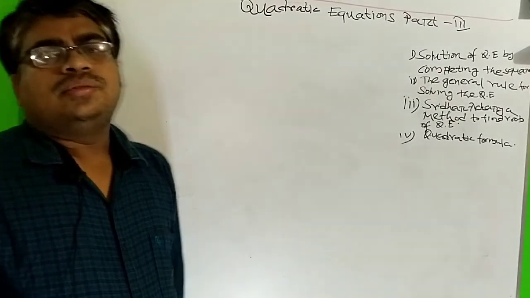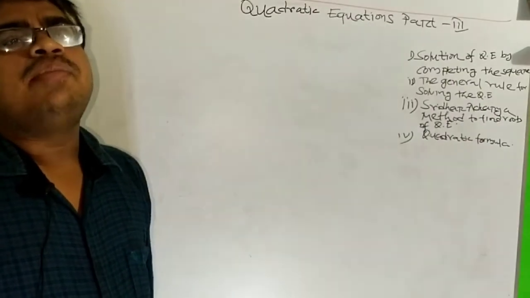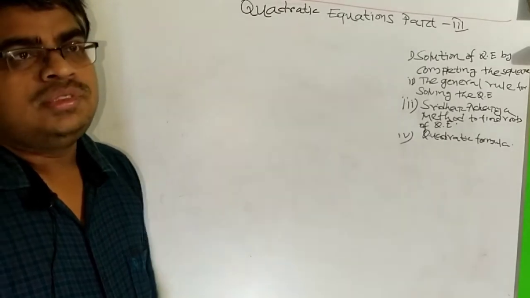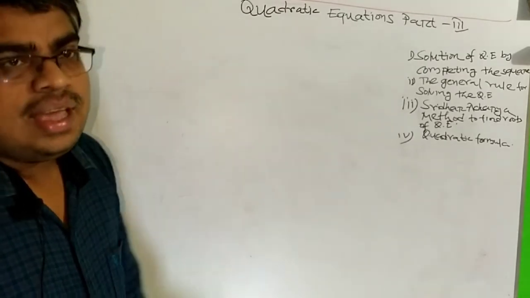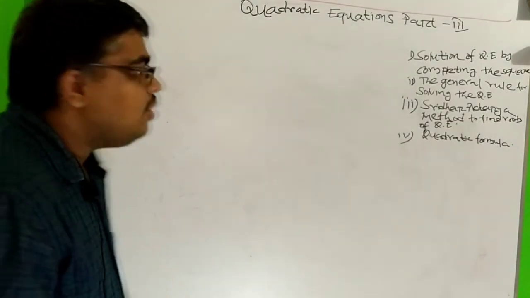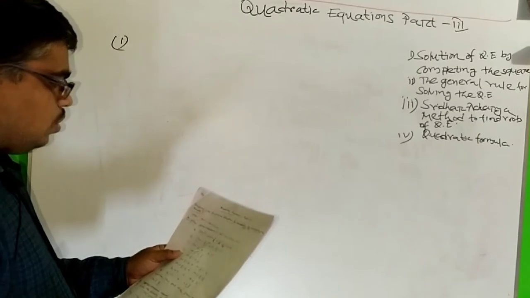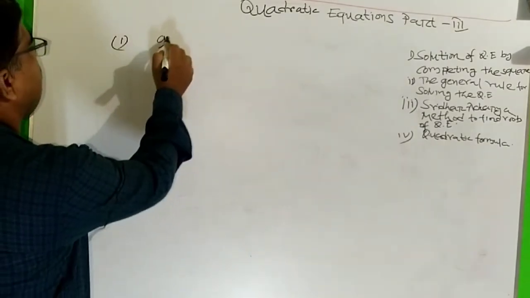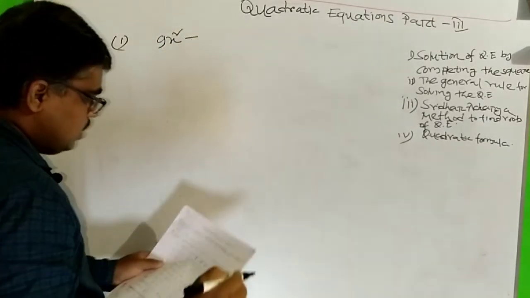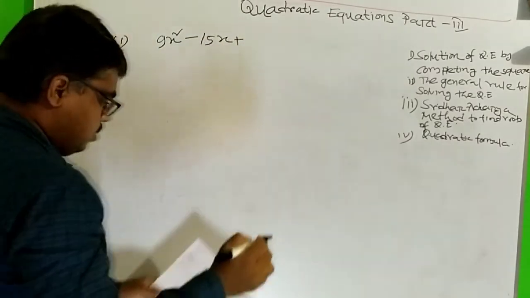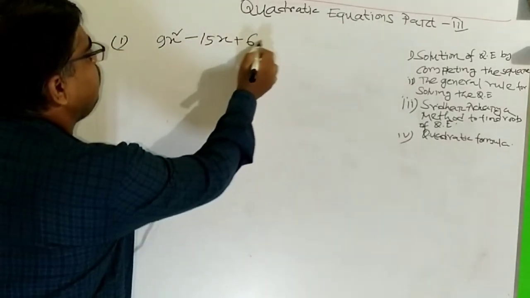Every quadratic equation can be expressed in a square form. Let us take an example like 9x square minus 15x plus 6 is equal to 0.